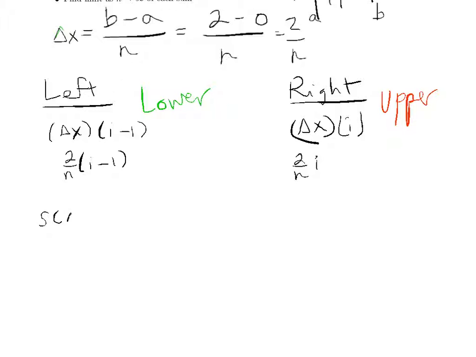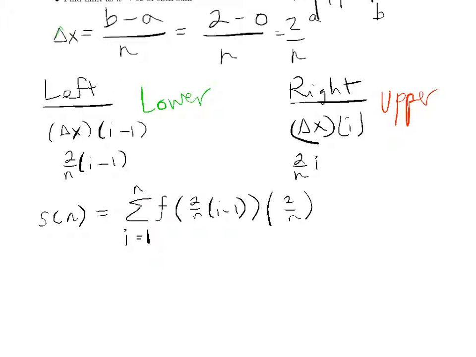Lowercase s, s of n, it's a function of the number of rectangles, is the sum from i equals 1 to n of our function at these set of values that represent the lower rectangles, which is 2 over n times i minus 1, times our width, which is delta x, which is 2 over n.